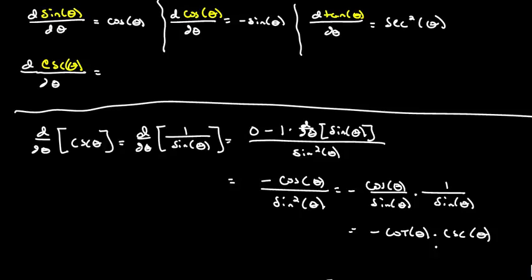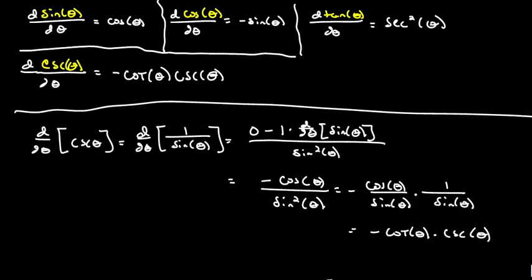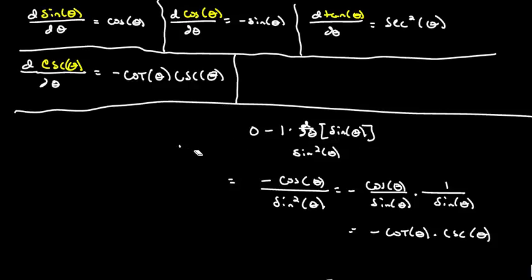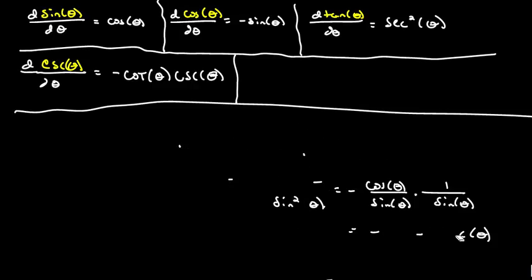So there, right here, is the derivative of cosecant. It's a little bit longer. It's not as nice to remember as these. But there it is. Okay, so let's keep going. We've got 2 more left.